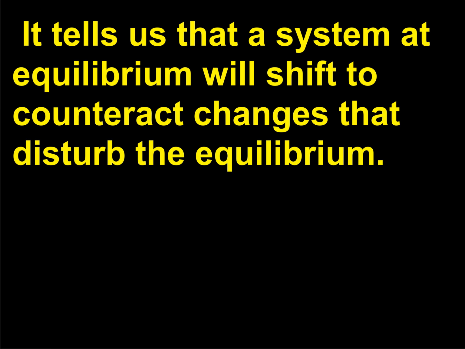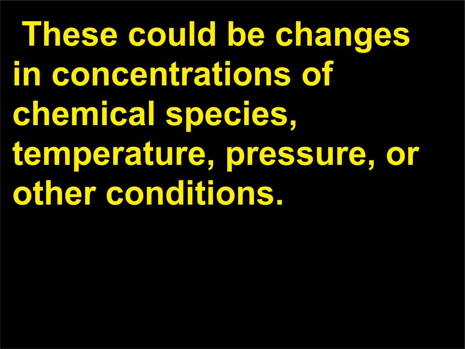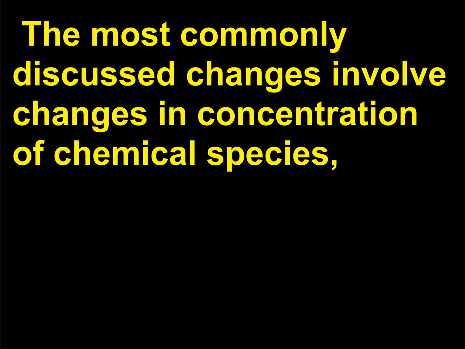It tells us that a system at equilibrium will shift to counteract changes that disturb the equilibrium. These could be changes in concentrations of chemical species, temperature, pressure, or other conditions. The most commonly discussed changes involve changes in concentration of chemical species. So we'll just focus on those here.